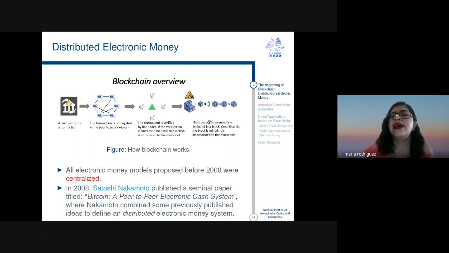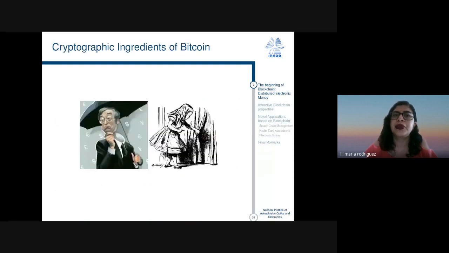And then the block will be mined and then introduced to the blockchain. So that's an overview of how blockchain works. And now we will see some more details.